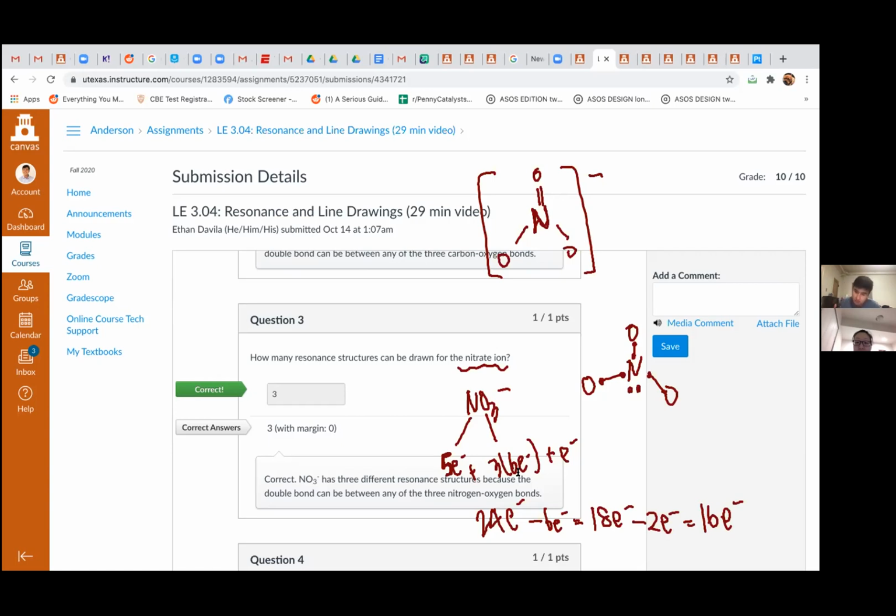And then from here, how many electrons does oxygen need? 8. Yep, so I have 1, 2, 3, 4, 5, 6, 7, 8, 9, 10, 11, 12, 13, 14, 15, 16, but I don't have enough. Do you see how this one I don't have enough? Yeah. I've used up all 16 electrons. This is why we get rid of this and we put it right there and we make that double bond.